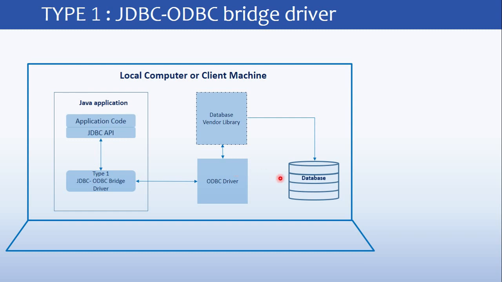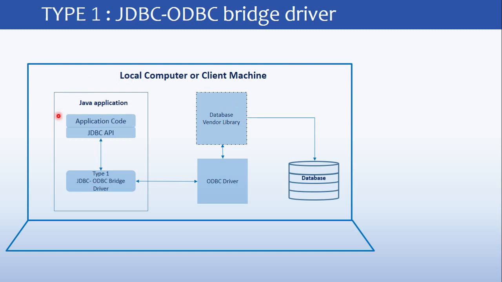Suppose I'm using the Oracle database, then I have to have an Oracle driver which is compatible with the Oracle database, otherwise communication cannot take place. Similarly, we require the database vendor libraries in order to complete the communication from the Java application to the database. These database vendor libraries are also database dependent. If you are using Oracle, then these database vendor libraries should be from Oracle only.